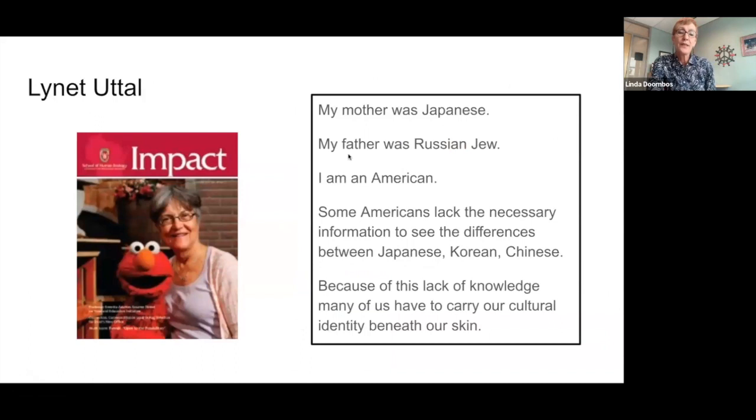This is an interesting story of Lynette, whose mother was Japanese and father was a Russian Jew. She's an American. Some Americans lack the necessary information to see the differences between Japanese, Korean, and Chinese. Because of this lack of knowledge, many of us have to carry our cultural identity beneath our skin. This is from Lynette talking.